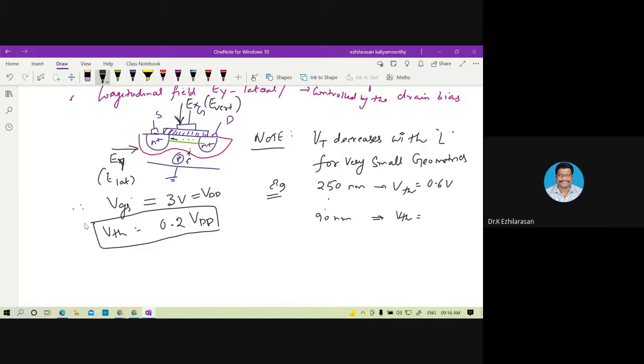Now for 90 nanometer technology, if I go for 1 volt, then VTH will become 0.2 volt. So as the length decreases, the threshold voltage also decreases.